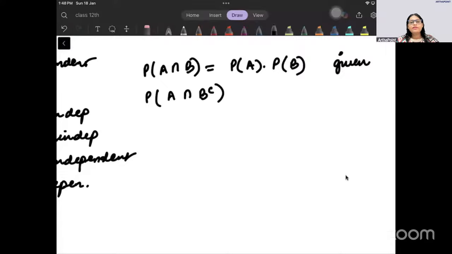So how can we go ahead and how can we show this thing? How can we think whether they will be independent or dependent? Can you think about some way to prove that the two sets are independent mathematically?